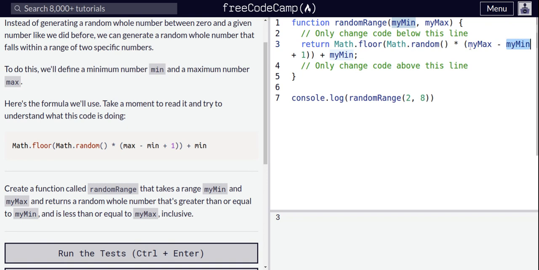So it multiplies it by 7. And then let's say we have something like Math.random of 0.11, then it multiplies it by 7. Let's try that.